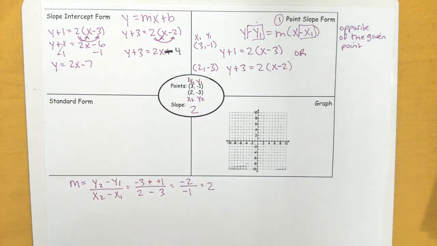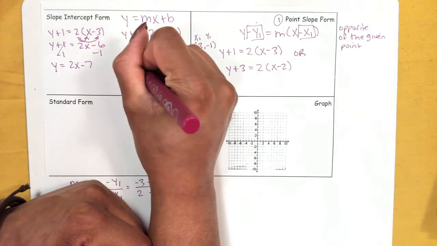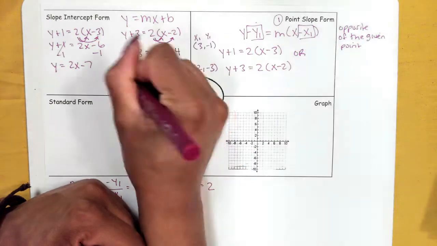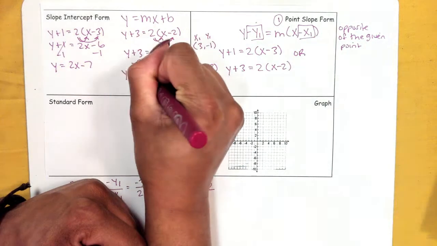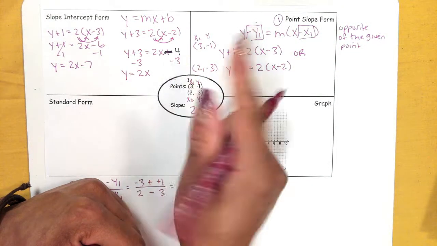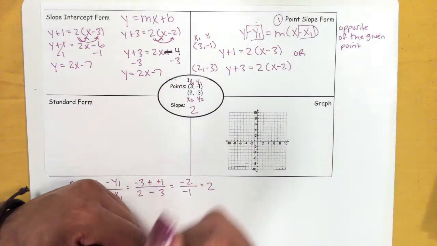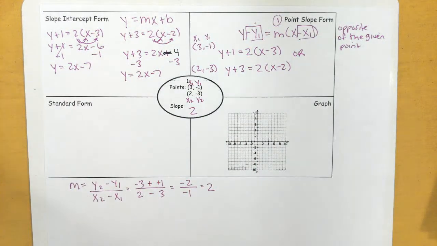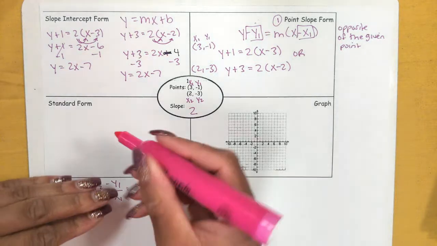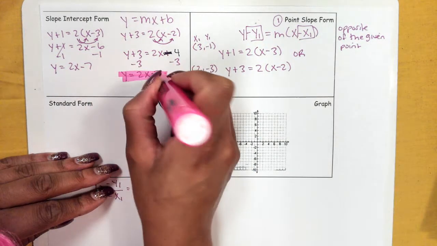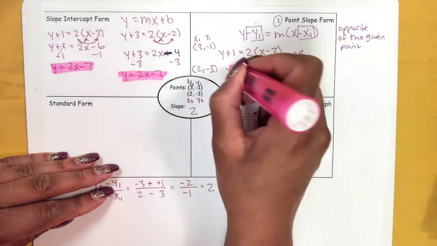Pardon my mistake. Okay, so I have negative 4, and I need to subtract 3 from both sides. So I end with y equals 2x, negative 4 minus 3 does give me a negative 7. So, doesn't matter which one I chose, my slope-intercept form is y equals 2x minus 7.